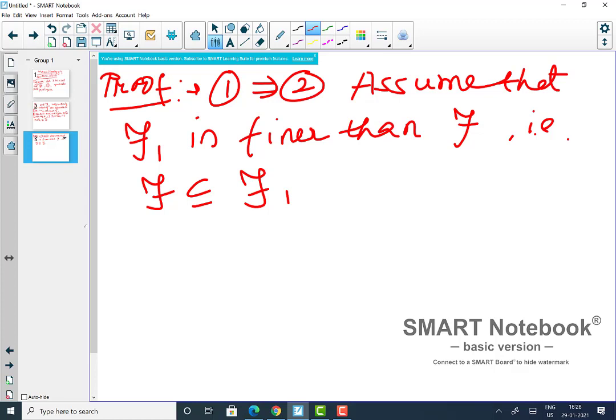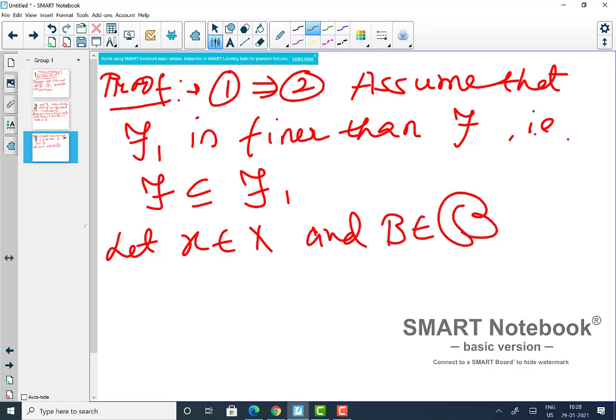So what was condition 2? For that, let us take an element x belonging to X, and a basis element B of the basis B, such that x is an element of B. This is given to you.